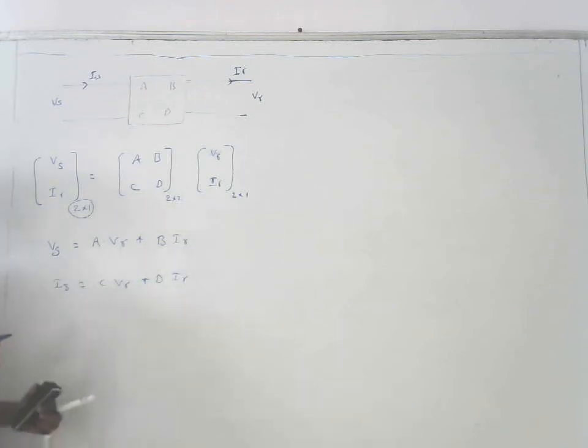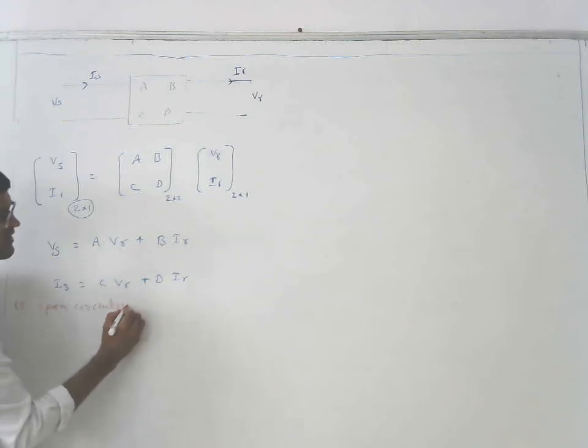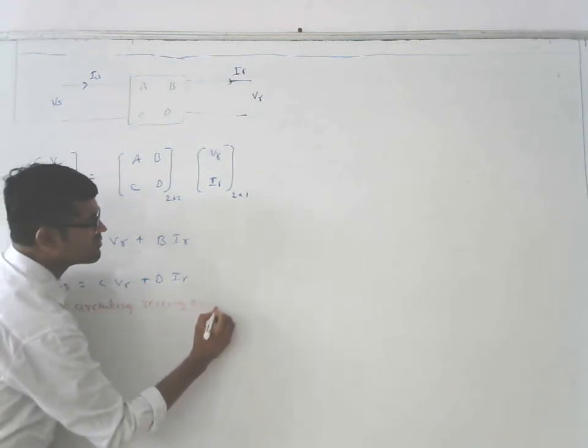Now, to get the parameters, first we do the analysis at the receiving end side. In the first case, I am going to open circuit the receiving end side. You know what happens in open circuit condition?